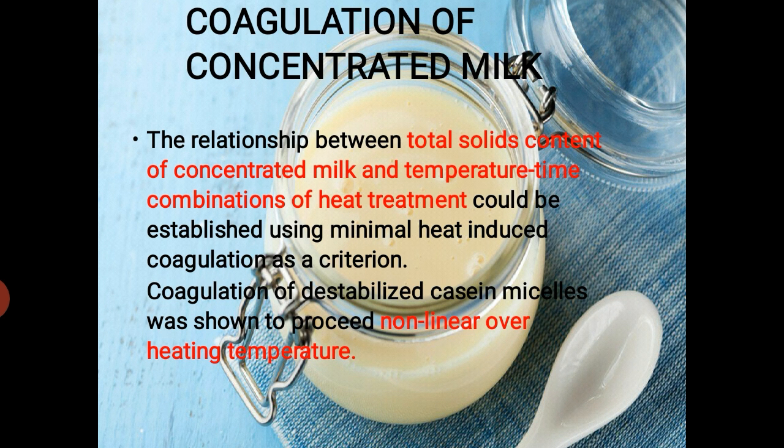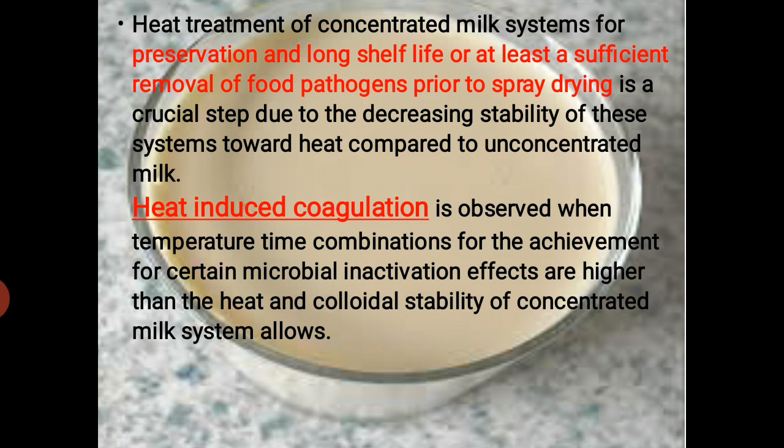Coagulation of concentrated milk. The relationship between total solids content of concentrated milk and temperature-time combination of heat treatment could be established using minimal heat-induced coagulation as a criterion. Coagulation of destabilized casein micelles was shown to proceed non-linearly over heating temperature.